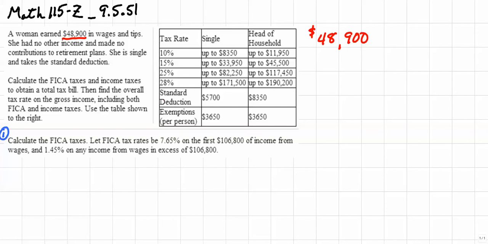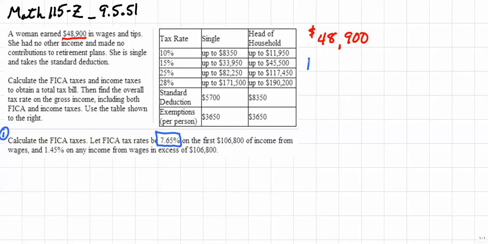That means that we're looking at 7.65% of that will be her FICA tax. So we'll take the fact that we have $48,900 and we'll multiply it by 7.65%.